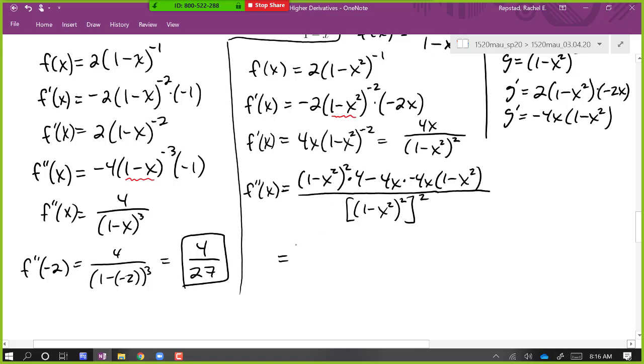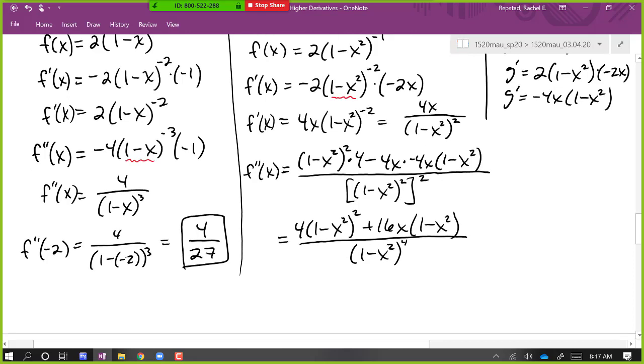I'm going to clean this up slightly up top before we do that step where we factor. So 4 times 1 minus x squared squared plus 16x, 1 minus x squared, all over 1 minus x squared to the 4th. We could take out the greatest common factor, which is, what can we take out actually?